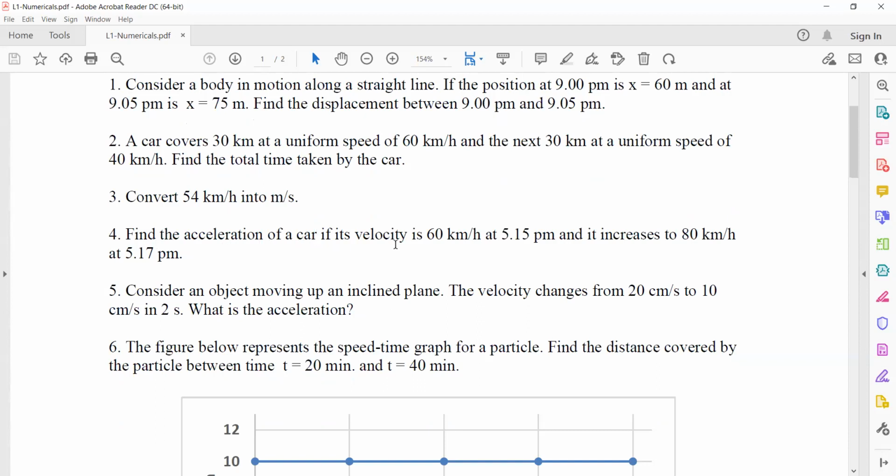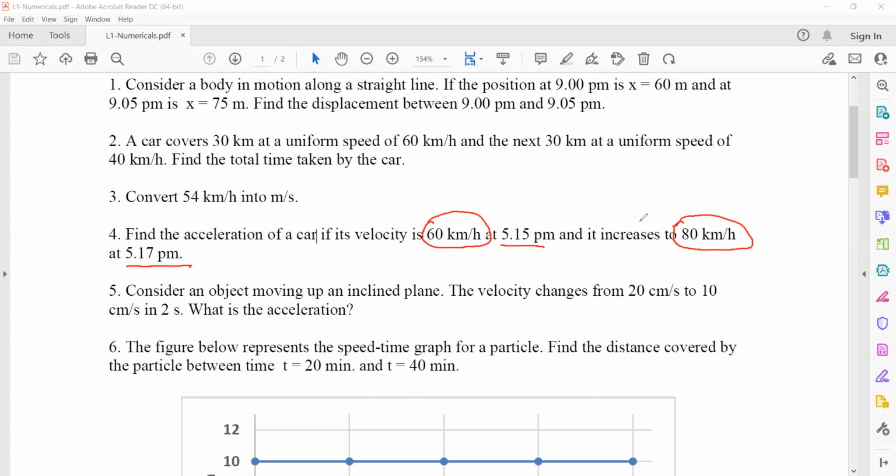Find the acceleration of a car if its velocity is 60 kilometer per hour at 5:15 p.m. and it increases to 80 kilometer per hour at 5:17 p.m. Okay, so basically in 2 minutes, 5:15 p.m. to 5:17 p.m., the velocity of the car has increased from 60 kilometer per hour to 80 kilometers per hour.